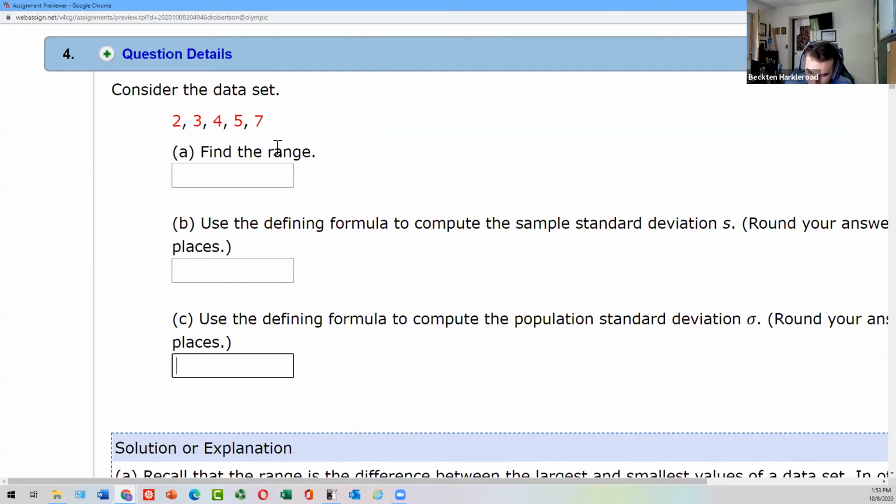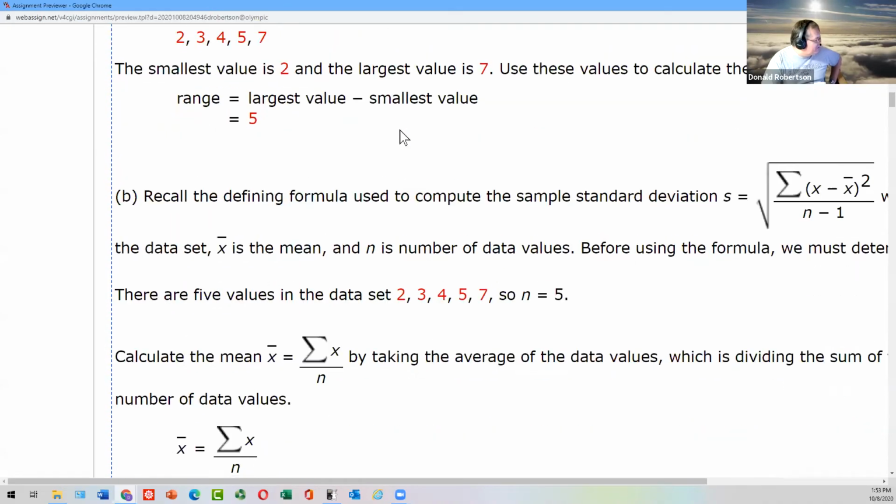So the answer is, do you use SX? Well, thank you for trying. SX is the sample standard deviation. Sigma x is the population one. So if you switch those around, you're good. But you did try, that was helpful.